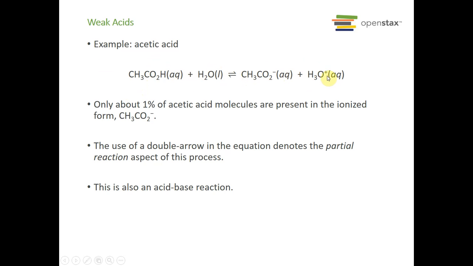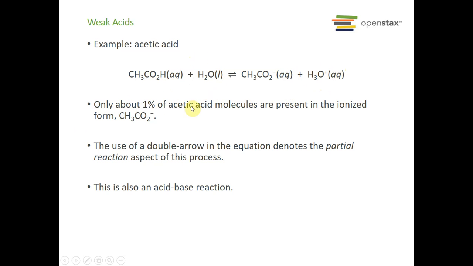This is only partial, and you could add more acid here and drive it in this direction, or you could add more water and drive it in this direction, dilute it.